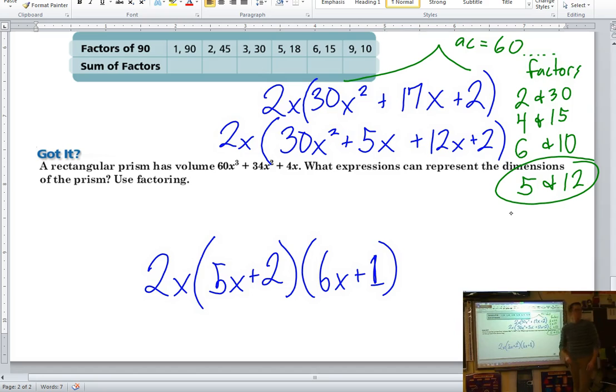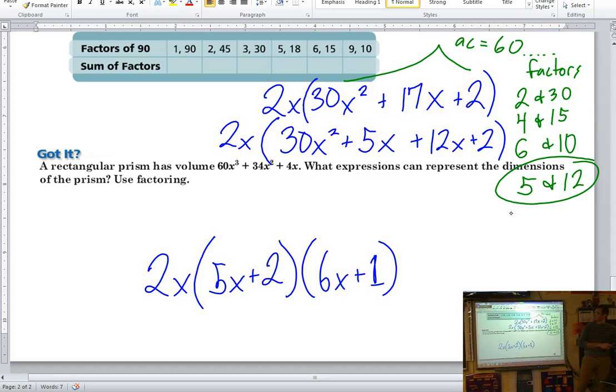Wait, Mr. Hudson, do you want us to find the factor before we pull out the 2x? No. Pull out anything common from the entire thing first, because otherwise it'd be bigger. If you don't factor it to begin with, you're going to have the bigger value. You want to factor out the common value first.